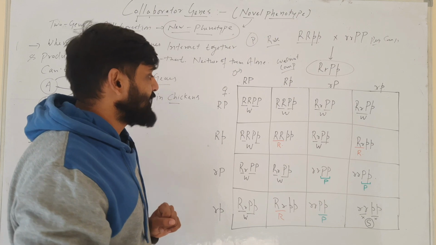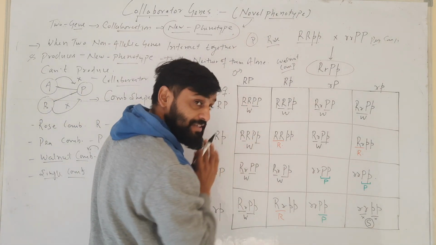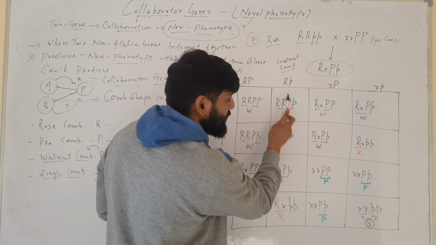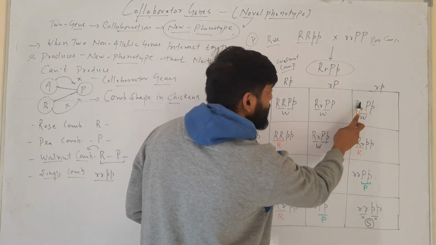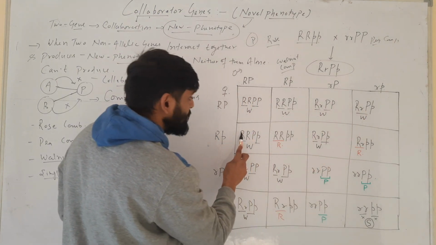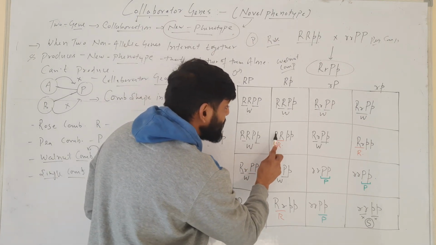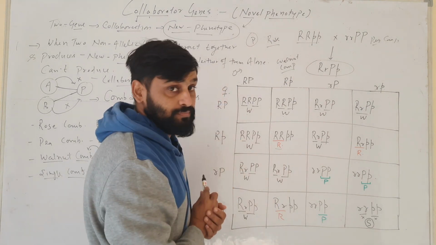Here you can see that both the genes, capital R and capital P, are there, so it will be walnut. In that case also capital R is there, capital P is there, walnut. Capital R, capital P, walnut. Here only capital R is there, capital P is absent, so it will be rose comb.